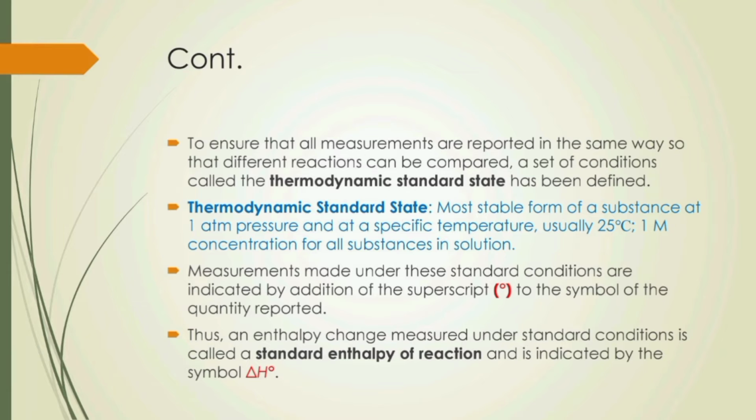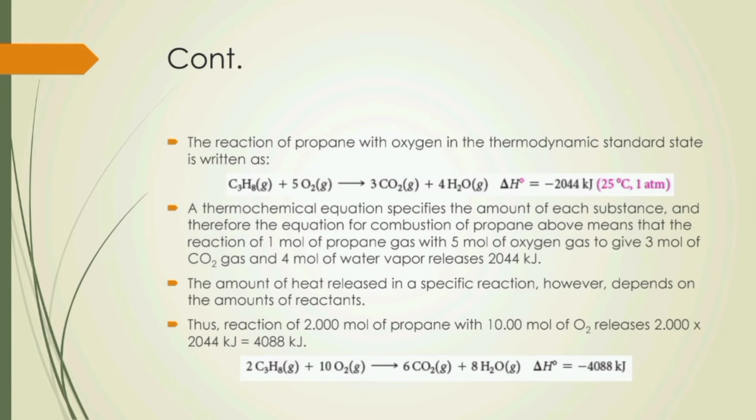Some of the definitions were very basic, so I thought I could explain them through the slides. The next concept I'm going to explain is an example. Let us take an example of a reaction. The reaction of propane with oxygen in thermodynamic standard state means that propane reacts with oxygen at standard conditions like 25 degrees Celsius temperature and 1 atm pressure. We will measure the enthalpy change at this point, and the measured enthalpy change will be at thermodynamic standard state.